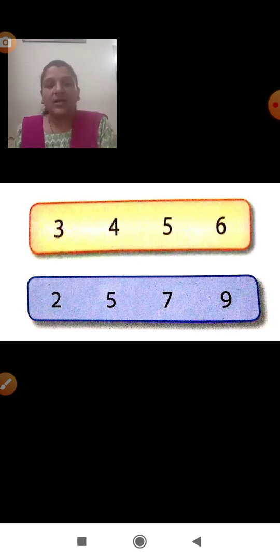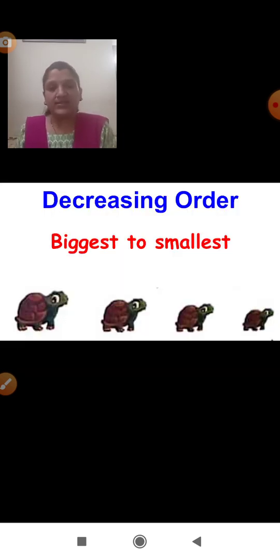Now, coming to the next concept, it is decreasing order. What is decreasing order? You see all these tortoises, how are they arranged? They are arranged from biggest to smallest as per their size. So like that, we can arrange the numbers from biggest to smallest.